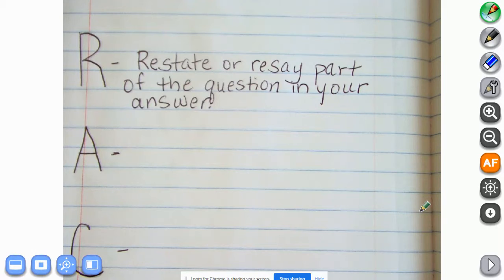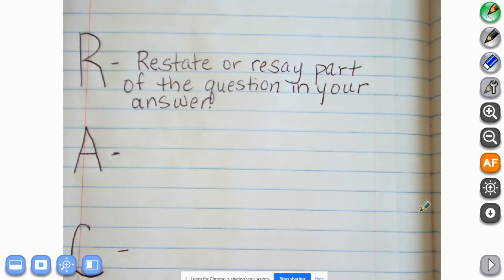Restate or re-say part of the question in your answer. And that's what we call a complete sentence.